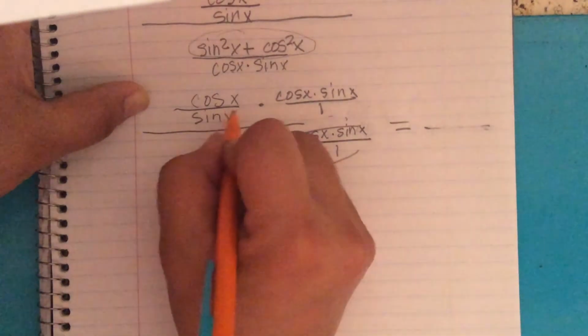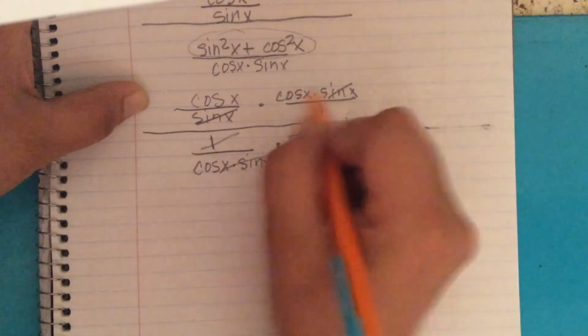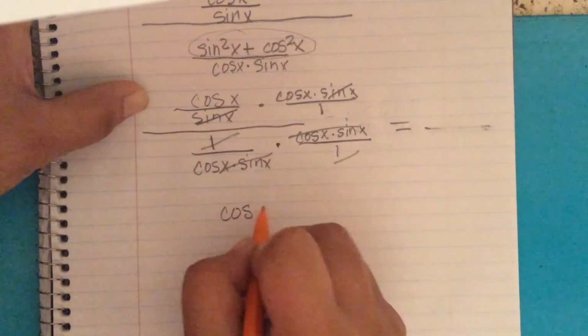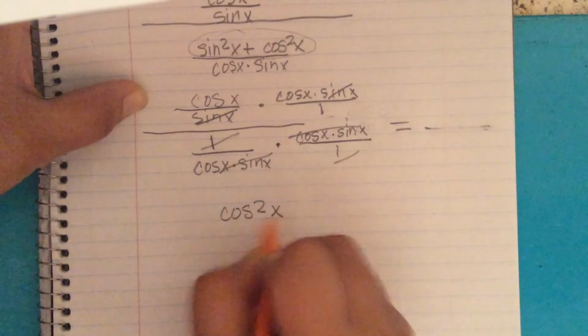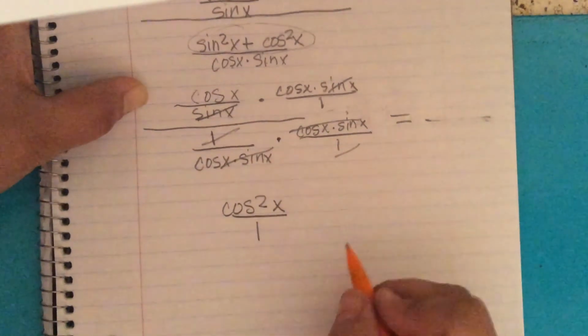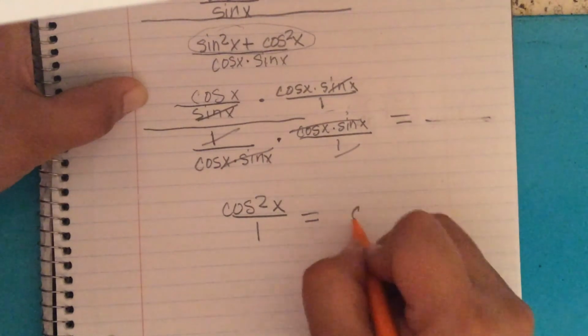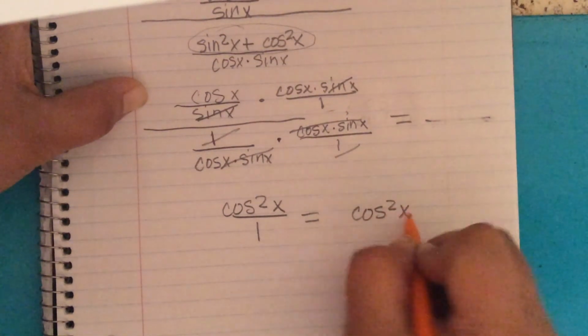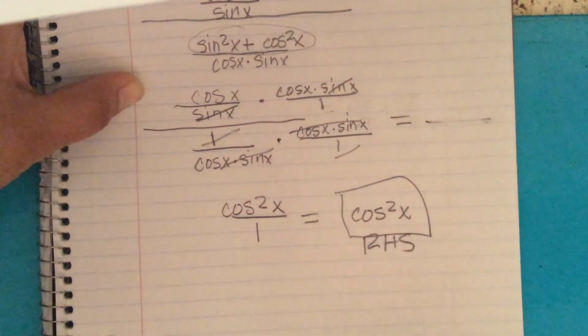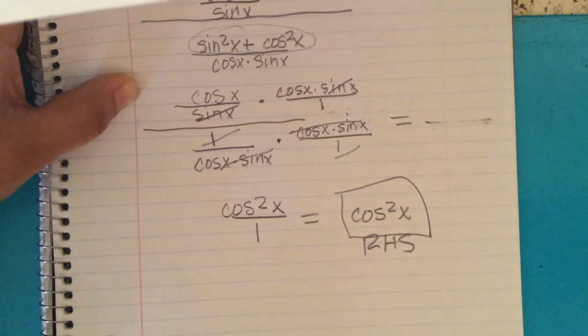So then this sine of x cancels with that sine of x, and then you're left with cosine cosine. Cosine squared of x over 1. And cosine squared of x is just equal to what you want to end up with. Cosine squared of x. That's the right-hand side. You're done. Voila.